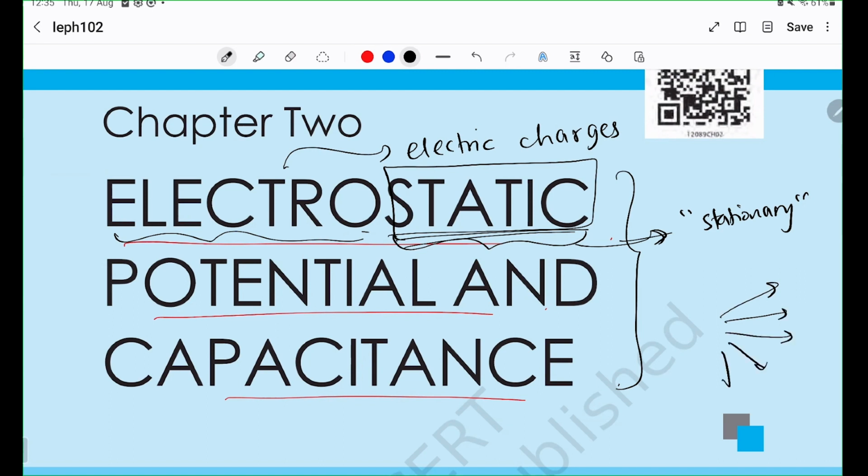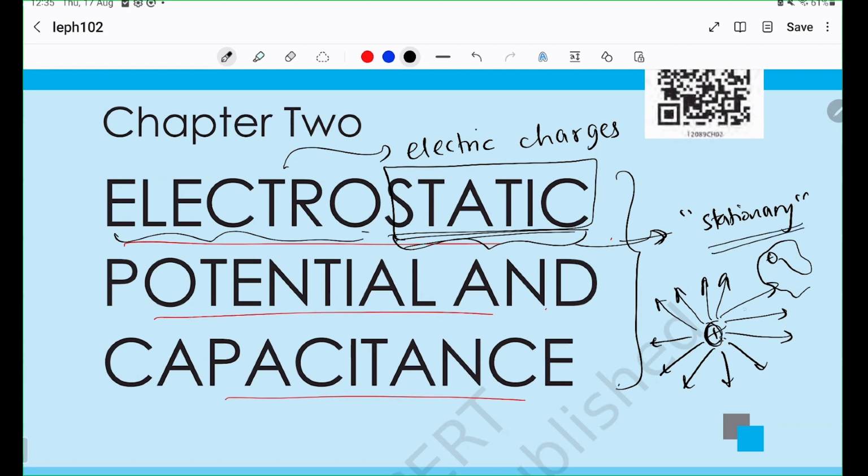That is, say a charge is producing an electric field. We will soon see what an electric field means. So this charge which is producing this field and causing other charges to move around, this charge is stationary. So it doesn't mean that all charges are stationary. It means that the source charges are stationary.